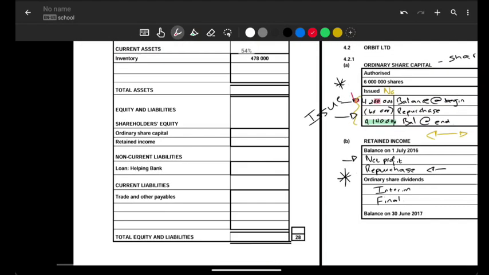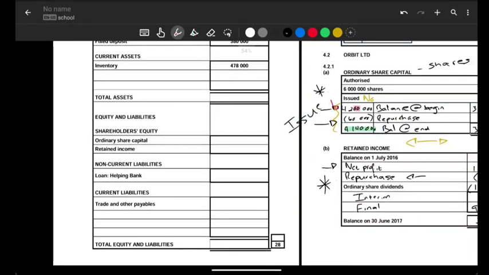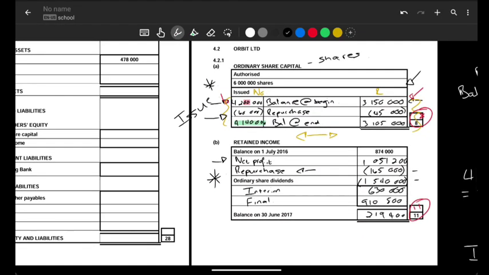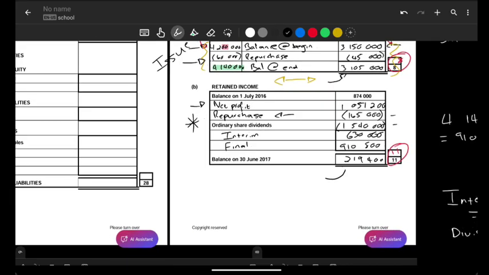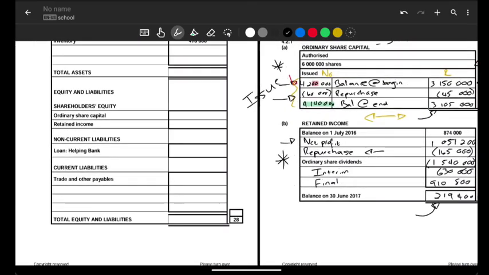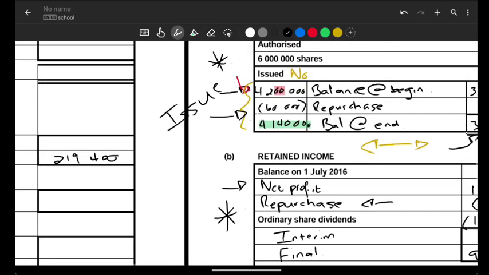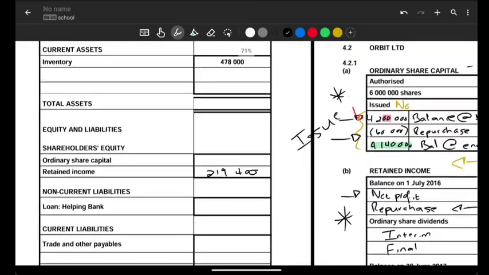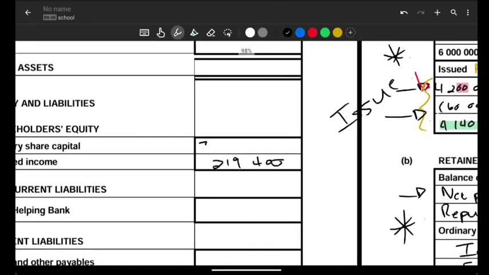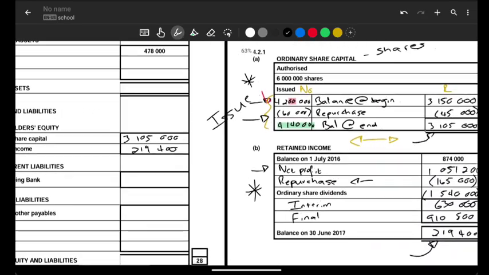So remember that these final amounts are us saying this is the amount that should be reflected in the balance sheet. So it's going to be here 219,400, and for ordinary share capital 3,105,000, and you are done.